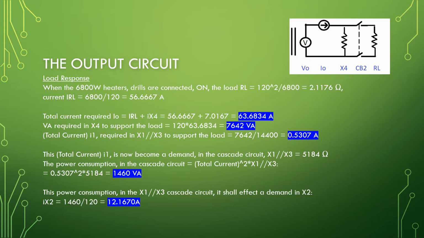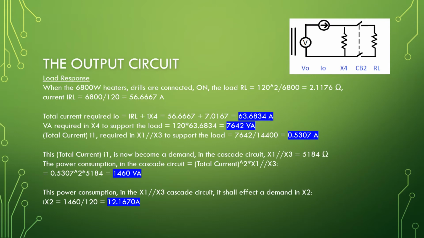Total current required I/O equal to IRL plus IX4 equal to 56.6667 plus 7.0167 equal to 63.6834 ampere.